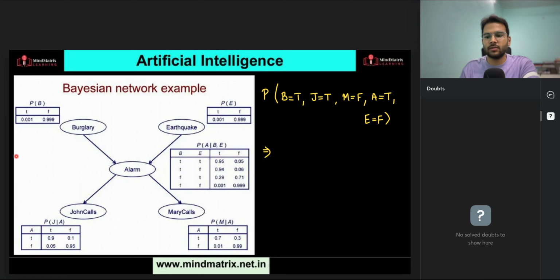I want you to practice again and again so that it will be very easy for you to answer these types of questions. Quickly answer this. First of all, you need to write the expression based on this Bayesian network. Once you write the expression, substitute the values, get the answer.